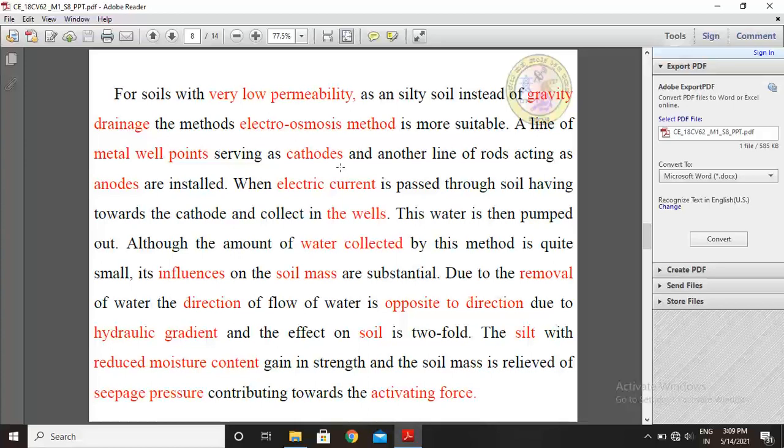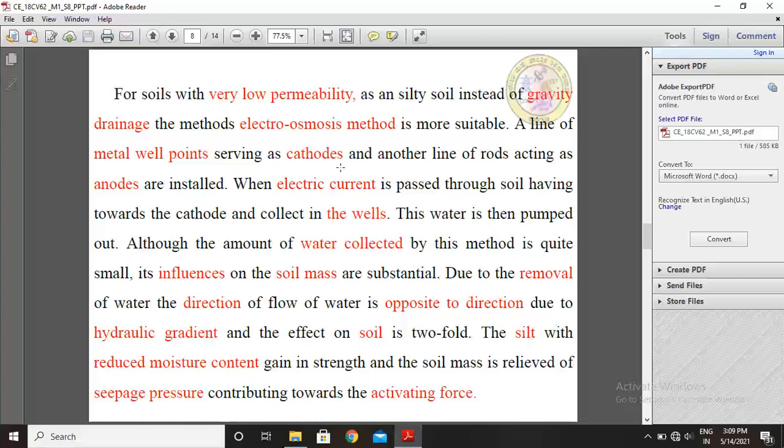When electric current is passed through soil, water moves towards the cathode and collects in the wells. This water is then pumped out.